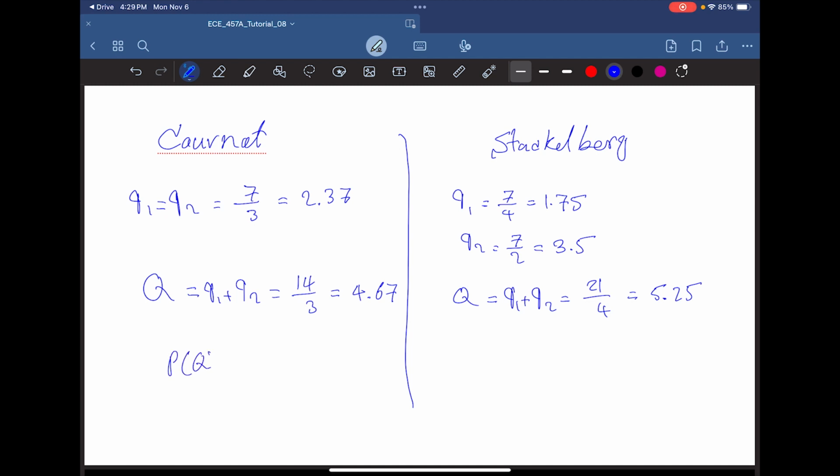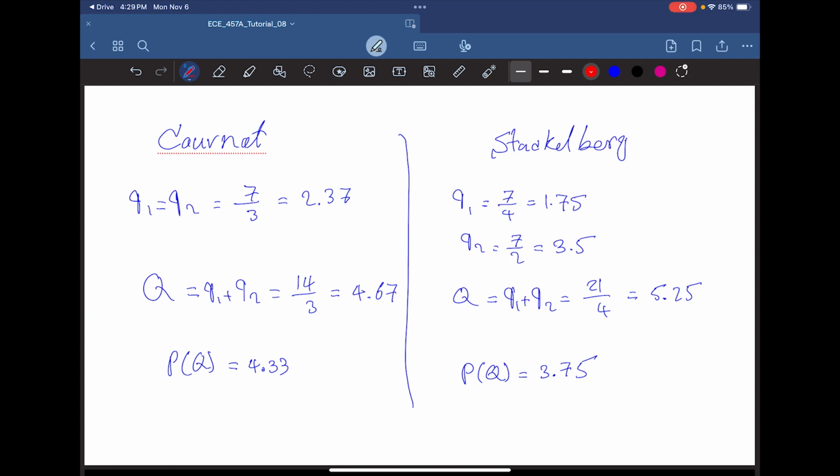And the price for Cournot was 4.33. So the profit in here was 3.75. And the consumers would prefer the Stackelberg method in quantity and profit and cost over the Cournot. Why?